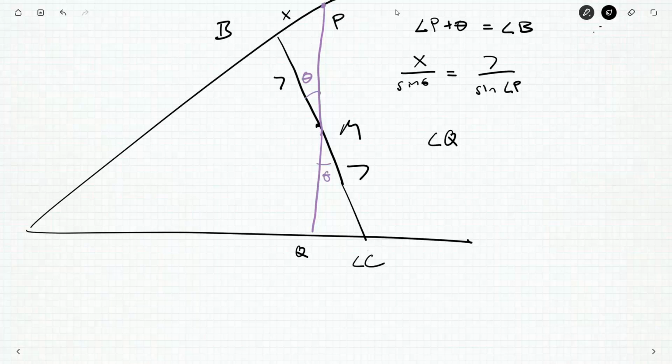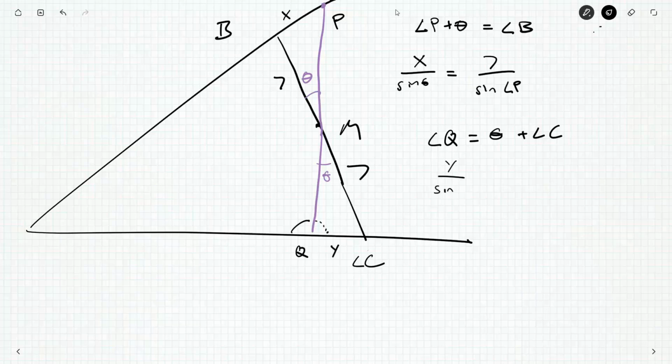So the angle at Q here is theta plus the angle at C. And the sine values are the same, so call this y.